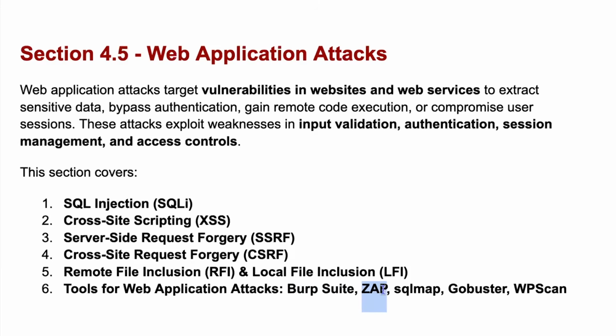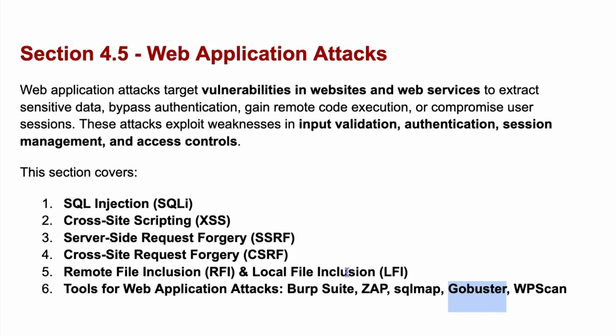Then there's ZAP, which is available through the OWASP people, and this is a web application vulnerability scanner that can also create sitemaps for you and find vulnerabilities that you can potentially exploit. There's SQLMap, which is going to help us with SQL injection and finding various endpoints or locations where we can do SQL injection.